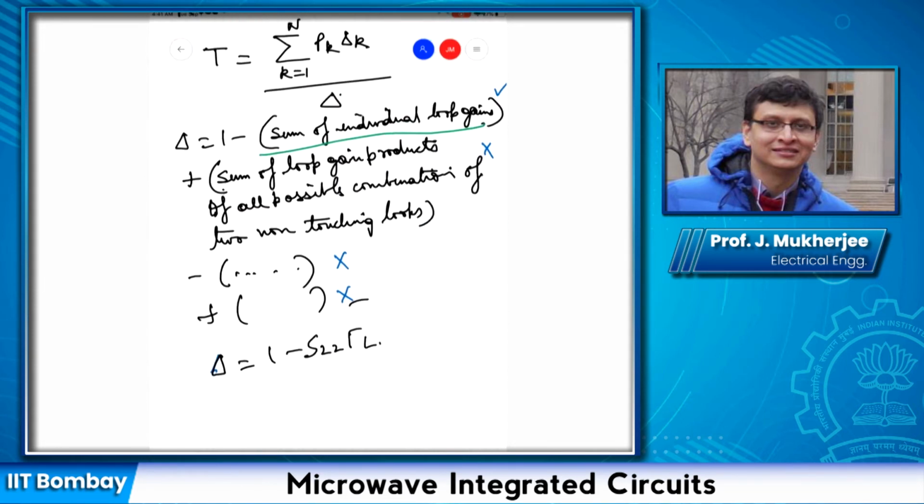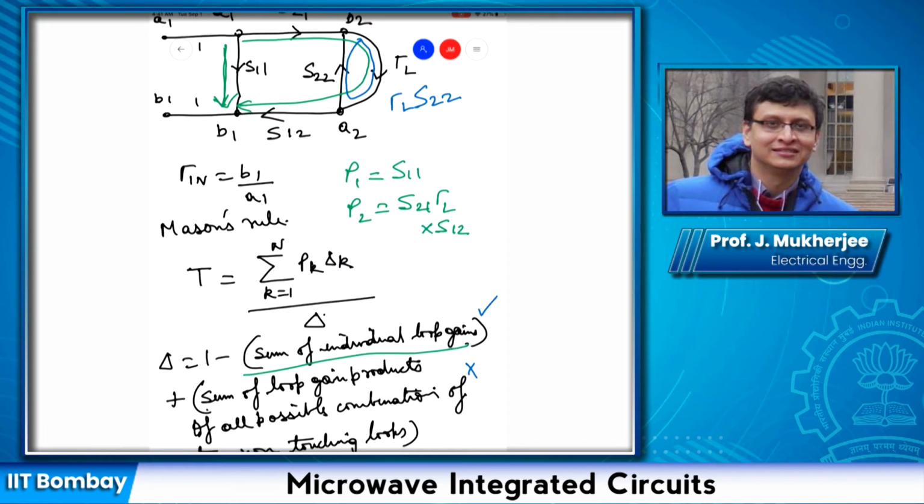Now delta K, or delta 1 say, is equal to delta not including loops which touch P1. As I said, there are two forward paths, this one and this one.